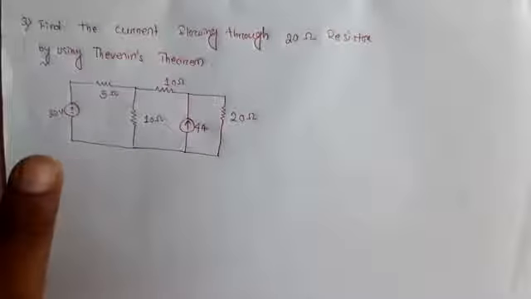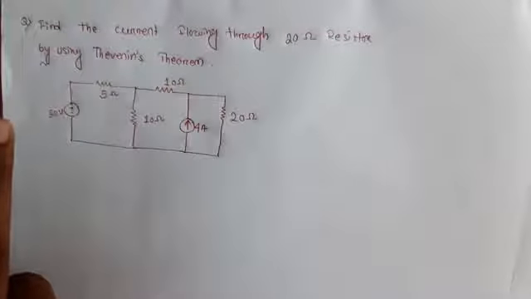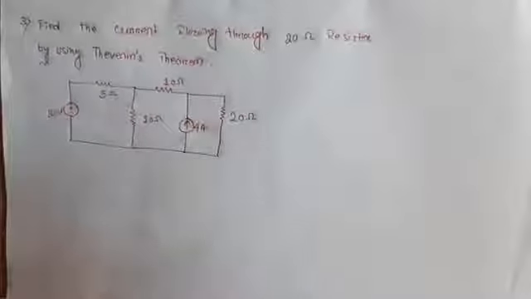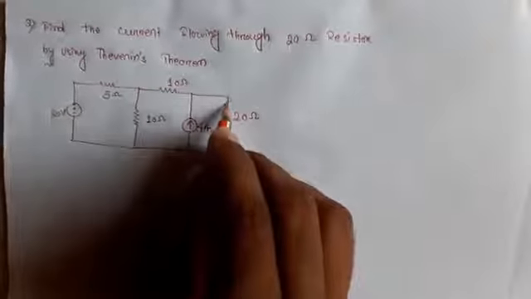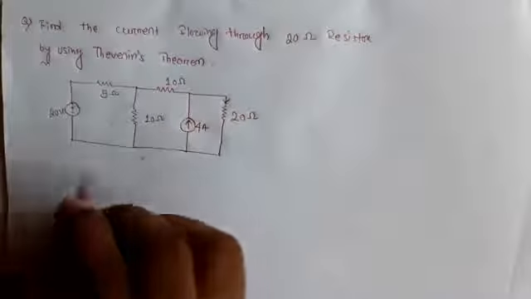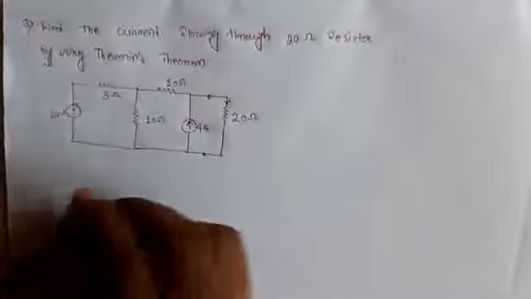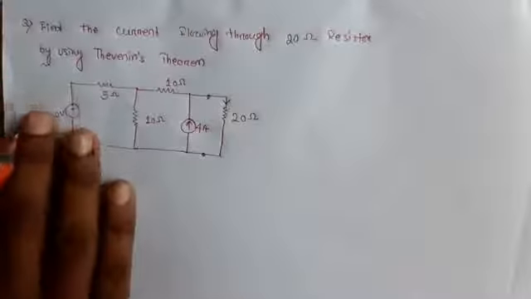Here the question is: find the current flowing through the 20 ohm resistor by using Thevenin's theorem. According to Thevenin's theorem, to find the current through the load branch, we should first open this branch.